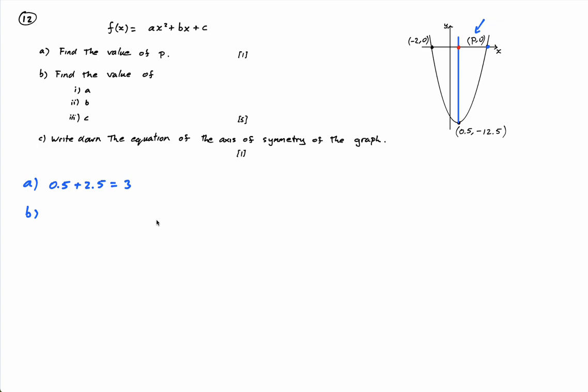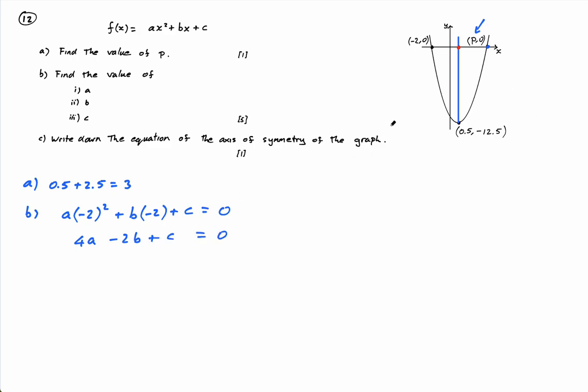So my 3 equations are, let's start with this one. a times -2 squared, because I'm subbing in -2 for x, plus b times -2 plus c equals 0, because y is 0. And this is obviously 4a, minus 2 squared is 4. So 4a minus 2b plus c equals 0.